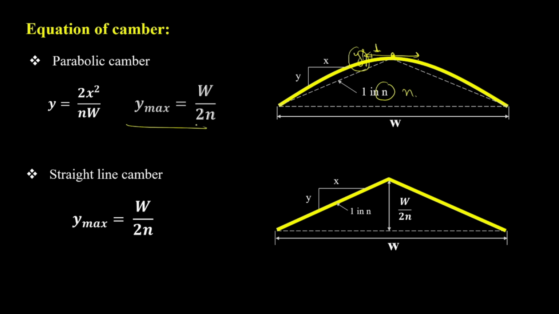With this formula we will be able to calculate the maximum height of the camber. In the same way for a straight line, the slope will be 1 in n, and if we calculate y max it will come to w by 2n, right? So these are the equations for the different types of camber, parabolic and straight line. And next we will discuss the combined camber.